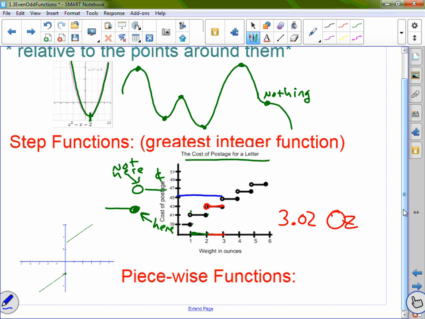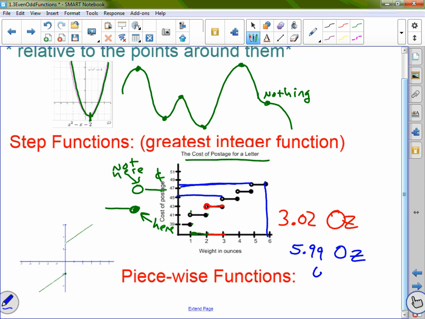Or if I had one that weighed 5.99 ounces, it's still going to be that 47 cents, kind of hard to see. Whatever that cost is, it's just going to stay there until we get to that 6 point a little bit, and then it's going to bump up in price.